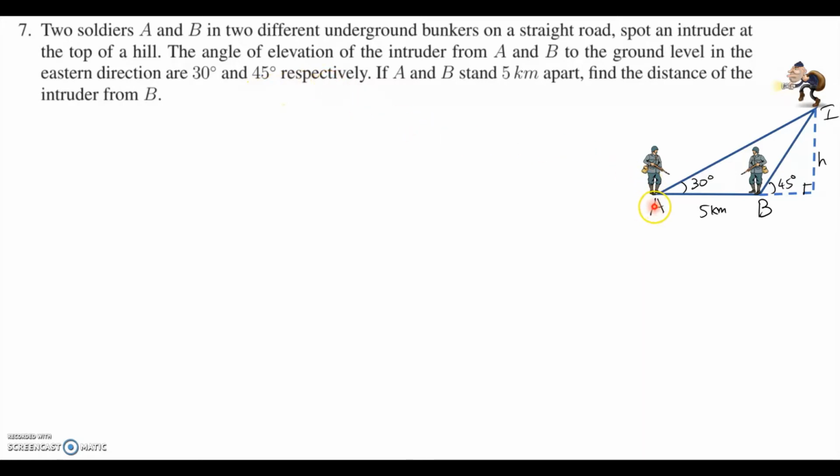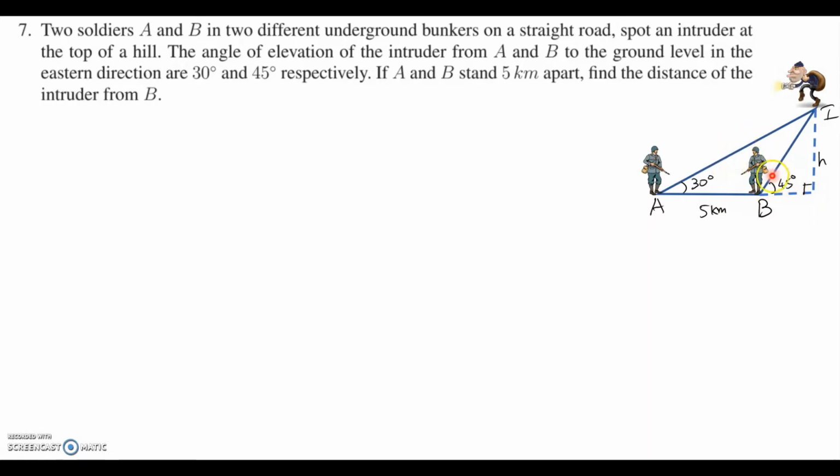So this is, let's say, the soldier A and this is soldier B. The intruder is on the top of a hill, and this is the intruder. The angle at which he is seen from A is 30 degrees towards the eastern direction.